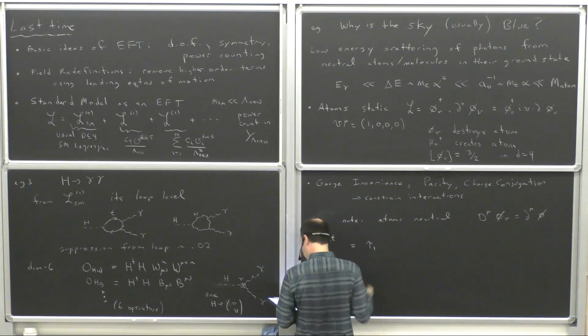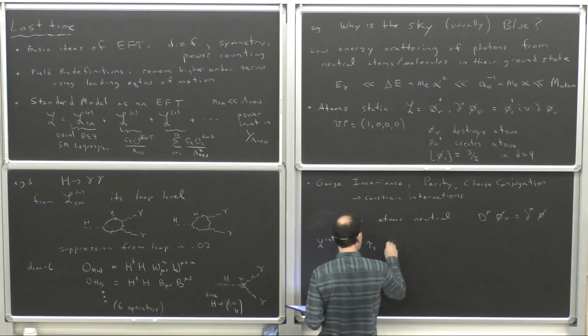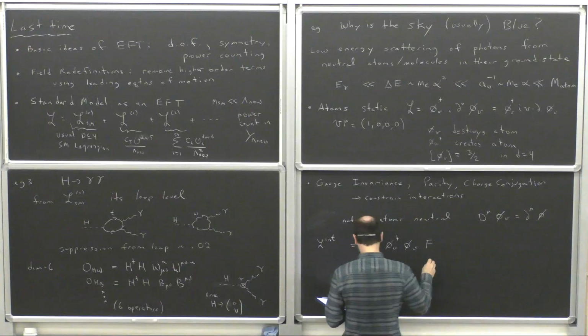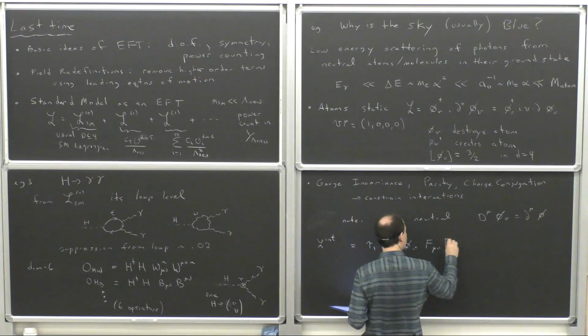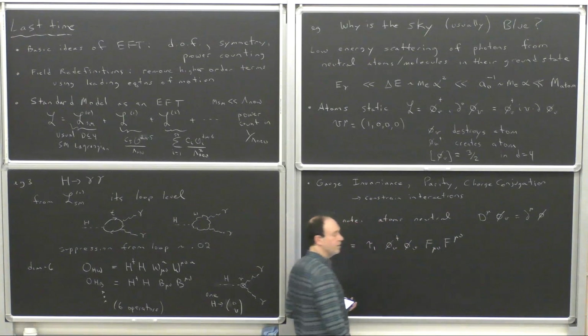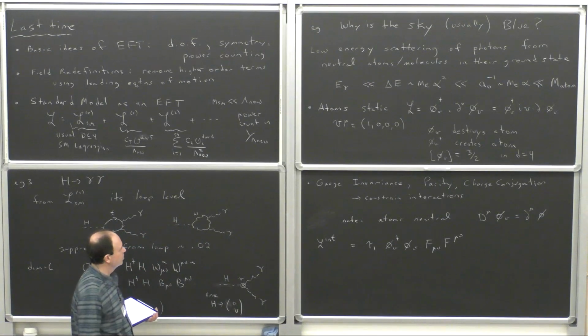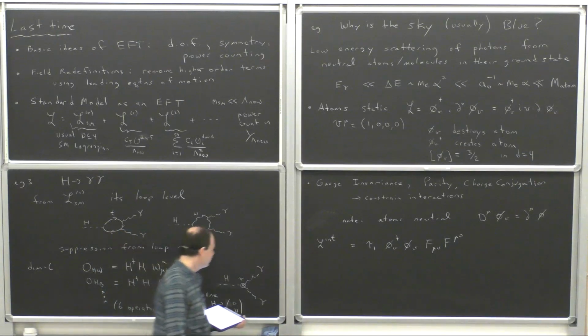And because of charge conjugation, we actually need two Fs. If you use charge conjugation on F, it goes to minus F. And so we need two Fs, not just one. The phi's are charge conjugation even. And so we could write down an operator that looks like that.